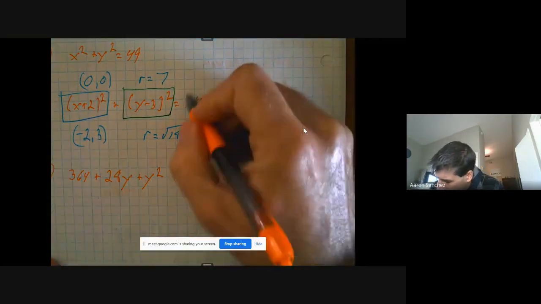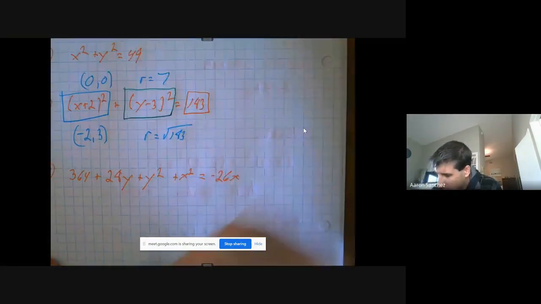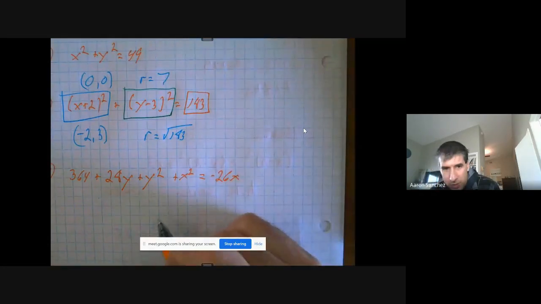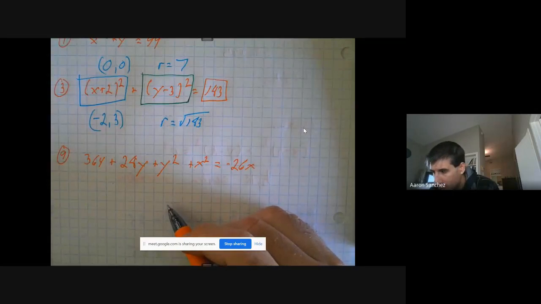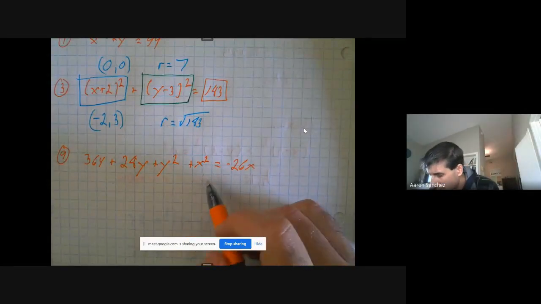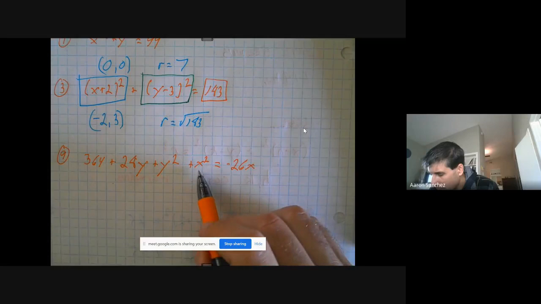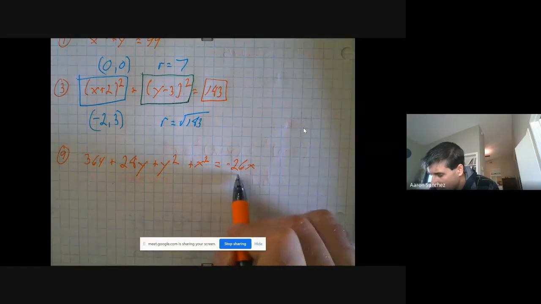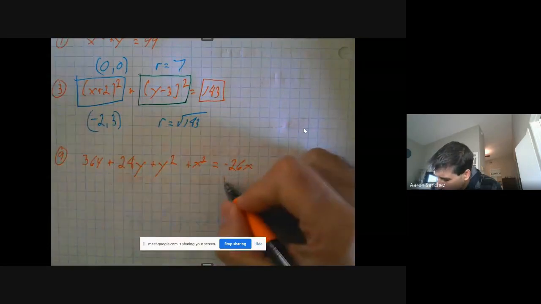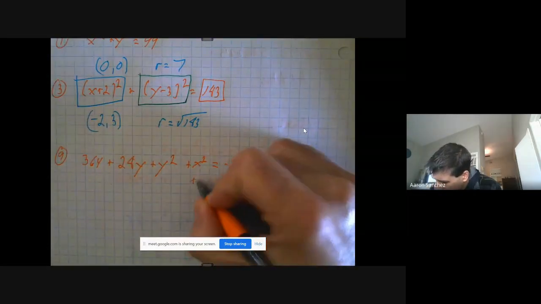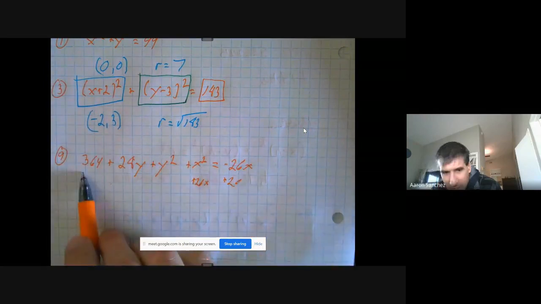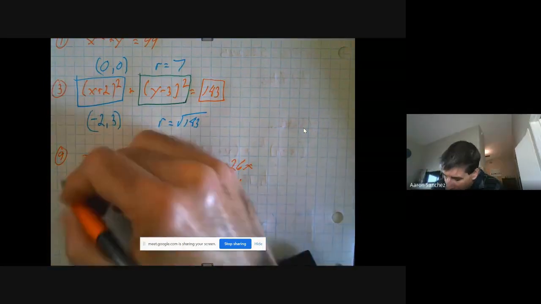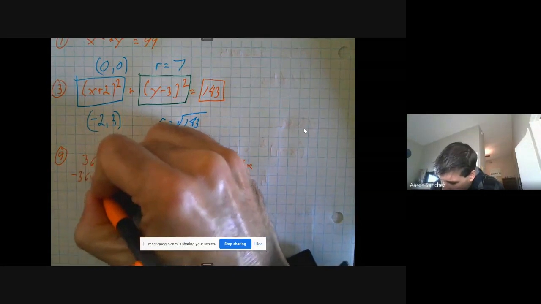So we put the number at the end. Let's look at our x's first, and then we're going to complete the square. You guys might need a review on completing the square, but we've done this before. I have an x here and an x here, so I want to add 26x. Let's bring 26x on this side to get rid of that. But this 364, let's bring it over here by subtracting 364.